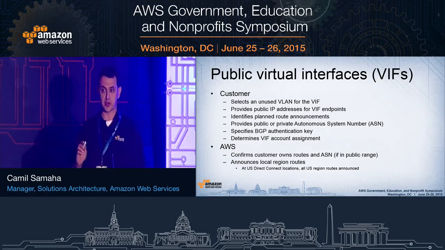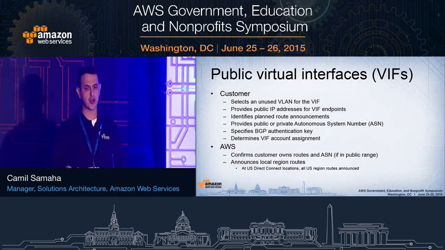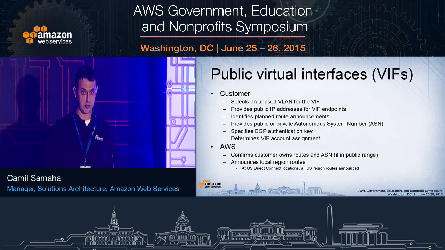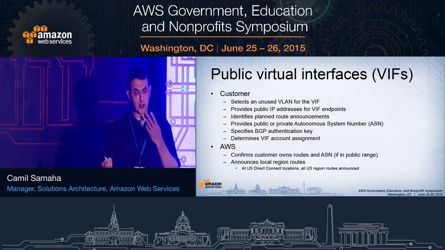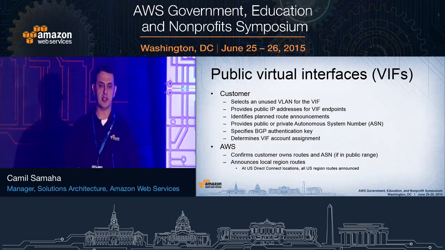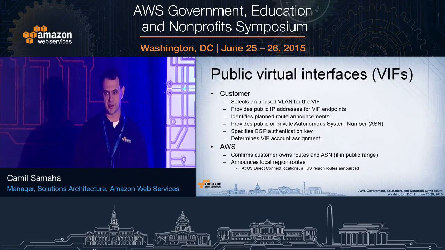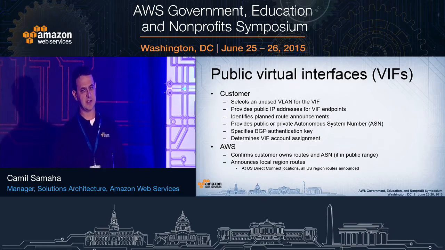So there is a manual process which adds about a 24 to 48 hour delay. If you don't own an IP address block, you need to work with your ISP, and ensure that they will allow you to utilize that block and get a letter of authorization from them so that we will allow you to advertise that block on the public interface in Direct Connect. All right?